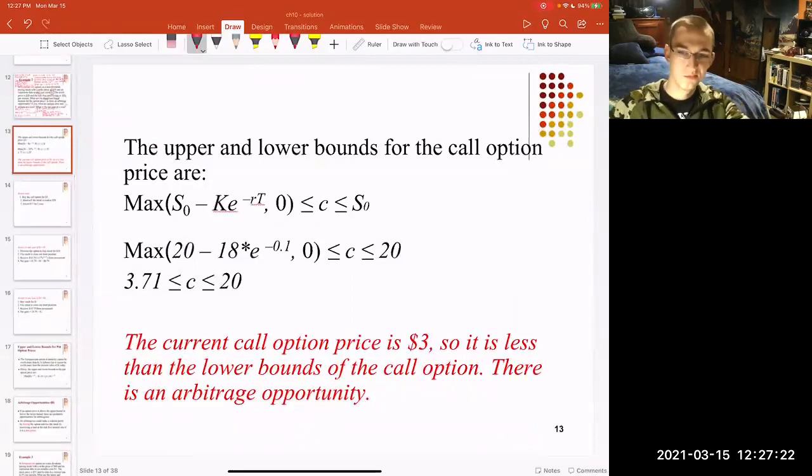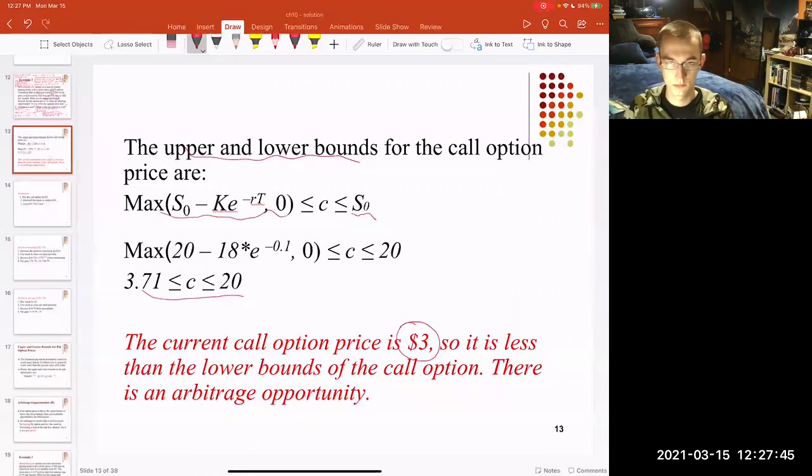So I just show you the slides in my sign. So this is basically the solution. I would like you to do similar, okay? So for example, for the upper and lower bound, you need to list what is the upper bound, what is the lower bound, and then do the calculation, okay? And then compare the current option price $3 with the lower bound.